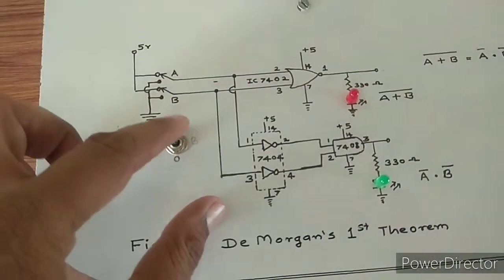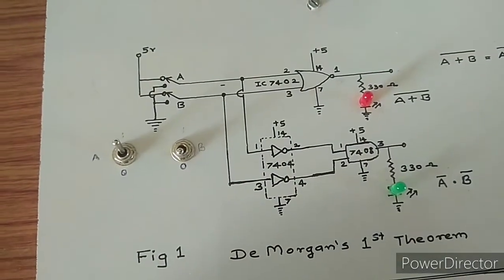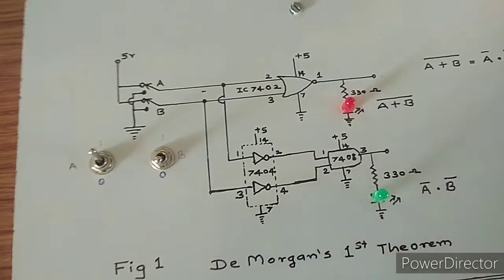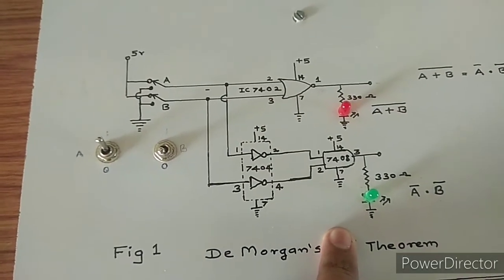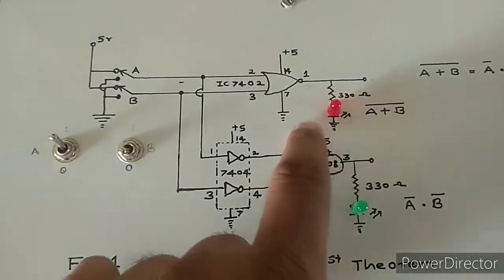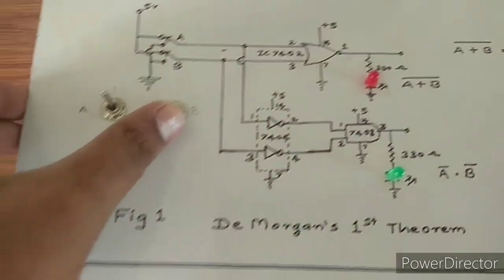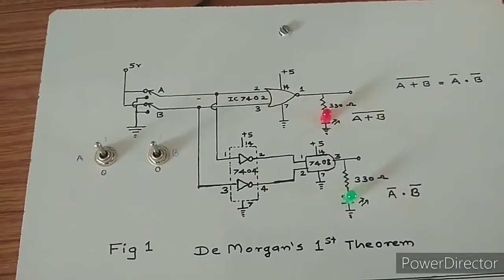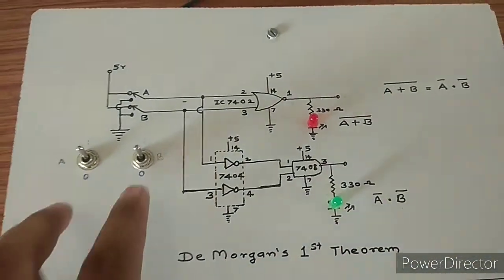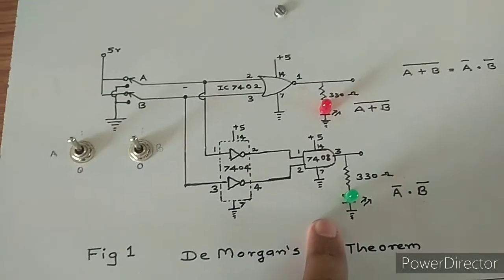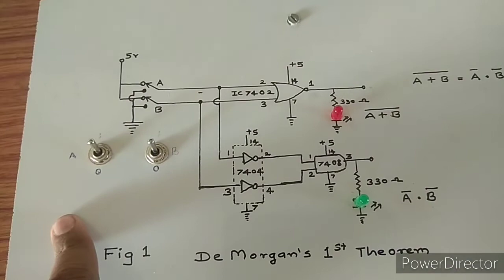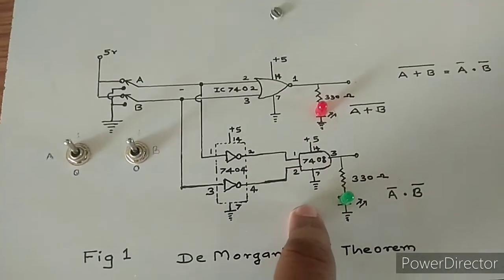Next, 1 0. For 1 0 both the outputs are 0, means the output has 0 voltage. When both inputs are 1 1, then also the output is 0. Only when both inputs are 0, at that time the LED will glow. If any one input is 1, the output is 0.